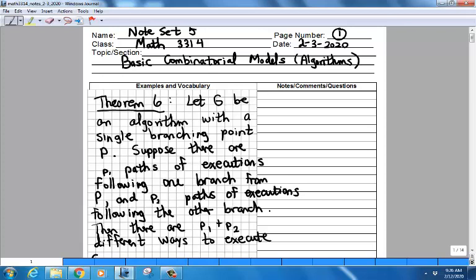A branching point in a program is like an if-then-else, where you have alternative sequences of executions. In basic programming, you'll have an if, then, and an else, so two sequences of executions. But in all programming languages, you have branching statements where you can have multiple sequences of executions.